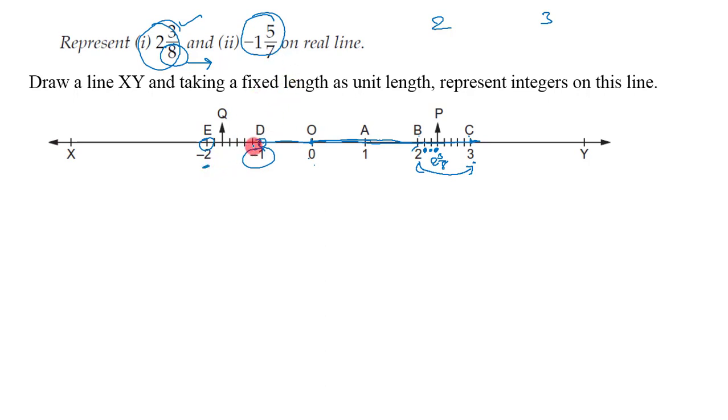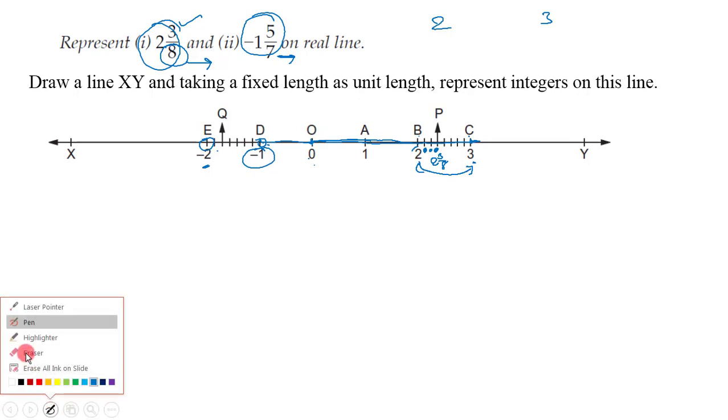Then the place between D and E should be divided into 7 equal parts in this case. Why? Because this rational number has 7 in the denominator. So I am dividing it into 7 equal parts.